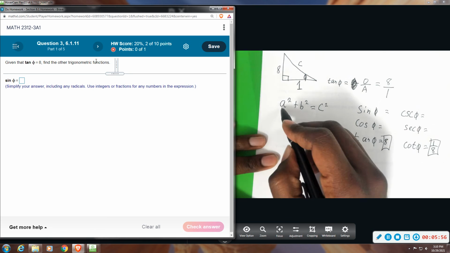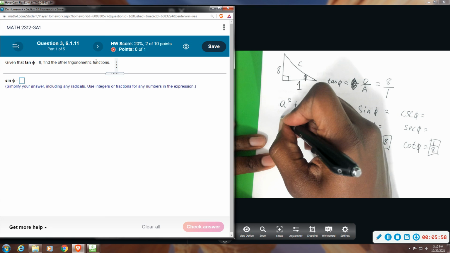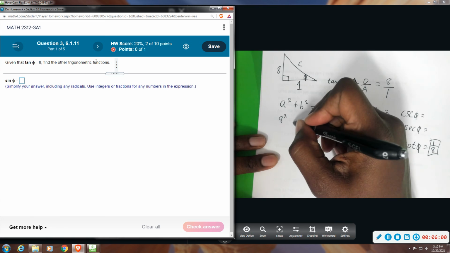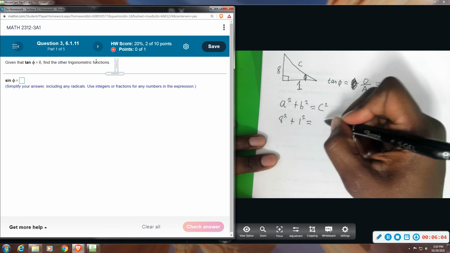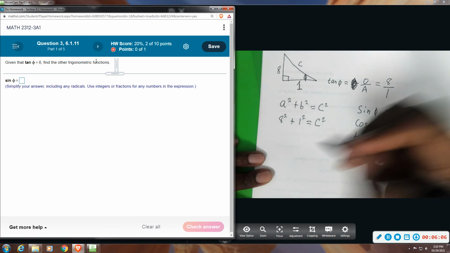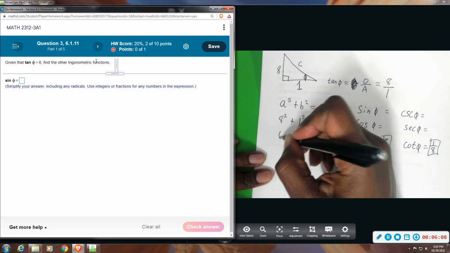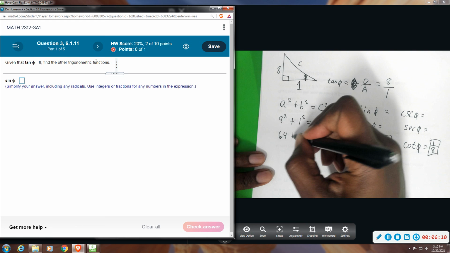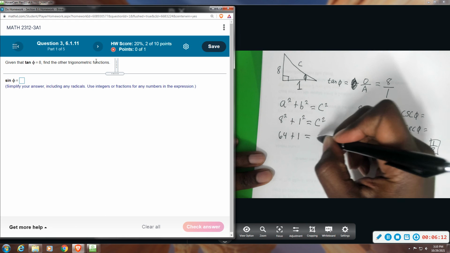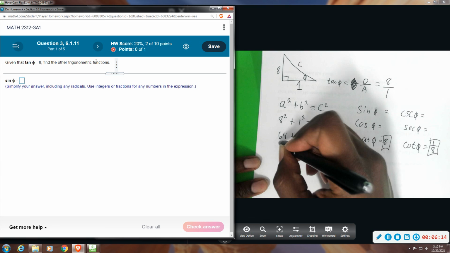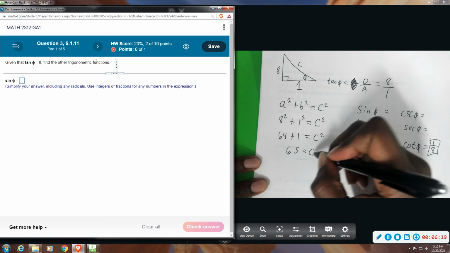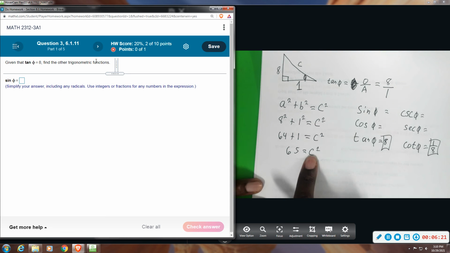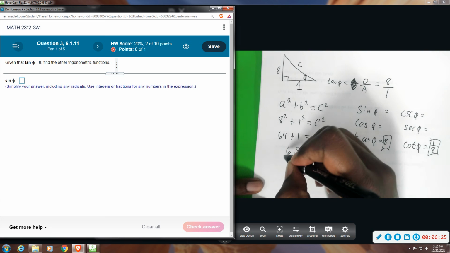So we're going to plug in 8 here: 8 squared plus 1 squared equals C squared. This is going to be 64 plus 1 equals C squared. So we have 65 equals C squared. To get C, we don't want C squared, we want C, so we have to take the square root of both sides.